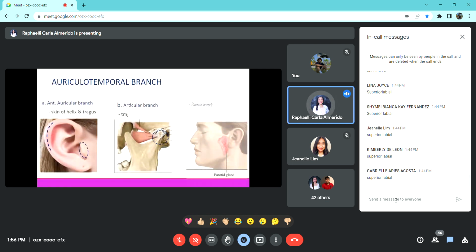Just a recap. The anterior auricular branch: auricular region, meaning the ear region, so the skin of the helix and tragus. Articular branch: the posterior region of your temporomandibular joint. Parotid gland for the parotid branch.